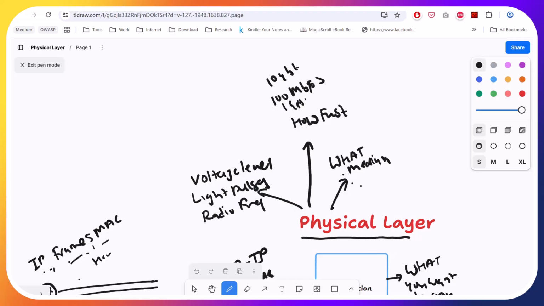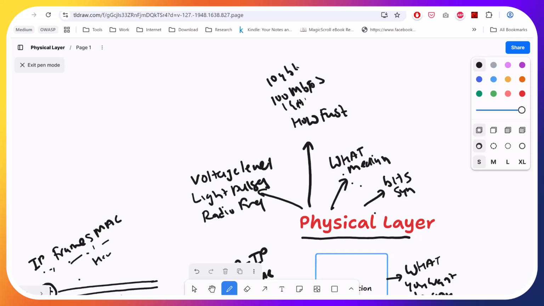And then how the bits need to be synchronized, bit synchronization, because at the end of the day your entire message needs to be transferred to the destination. So what should be the starting sequence, it should end properly, and the timings are critical. All these are handled by the physical layer.